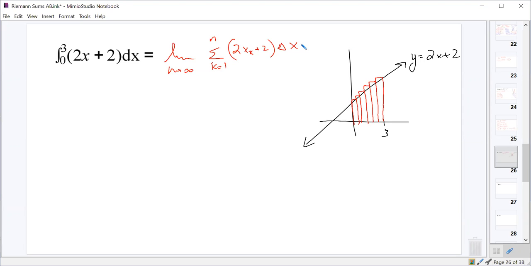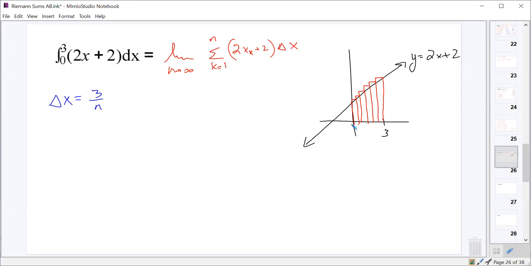Everybody good there? Yeah. All right. What is delta x for this one? Three over n. And what is x sub k? So let's think about x sub 1.